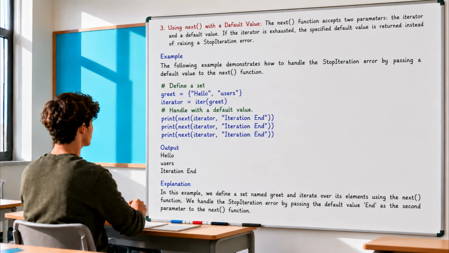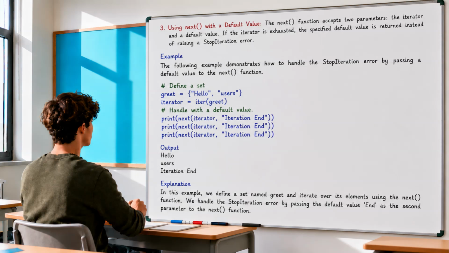# define a set. greet = ("Hello", "Users"). iterator = iter(greet). # handle with the default value. print(next(iterator, "Iteration end")) three times.